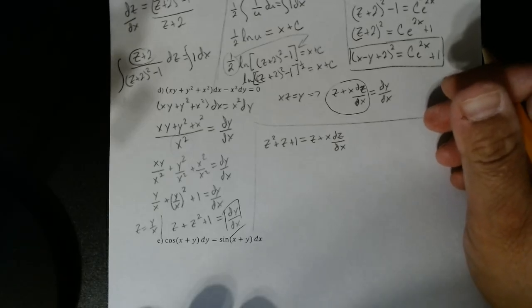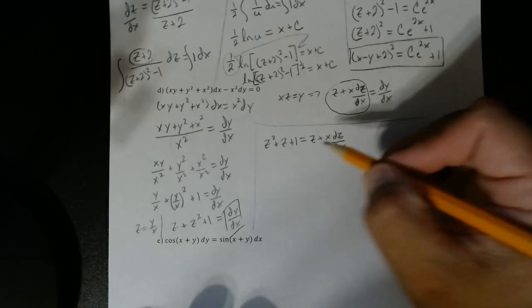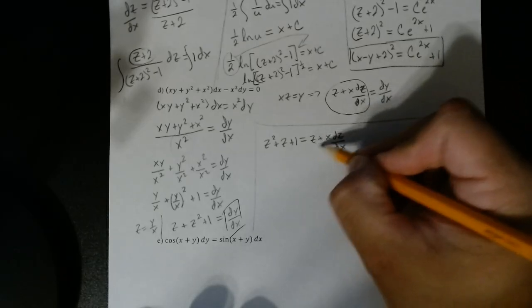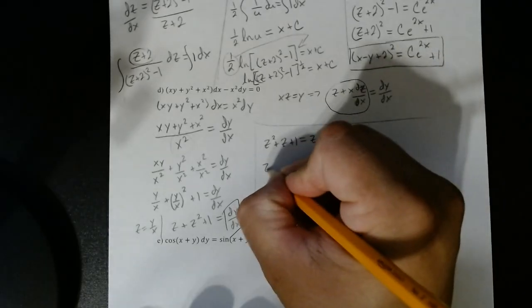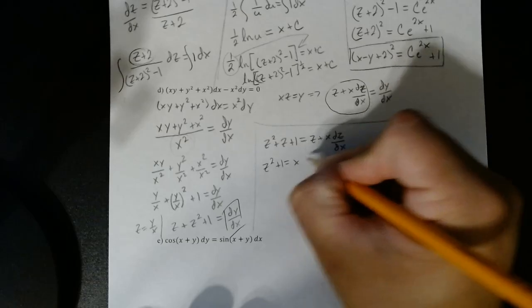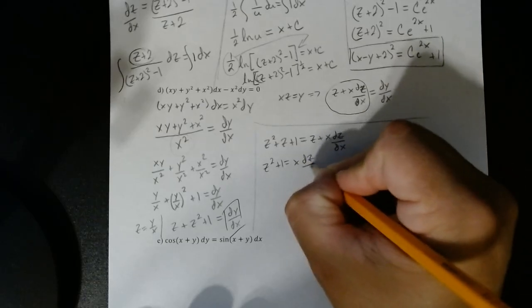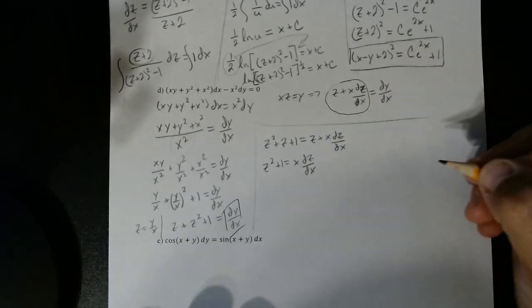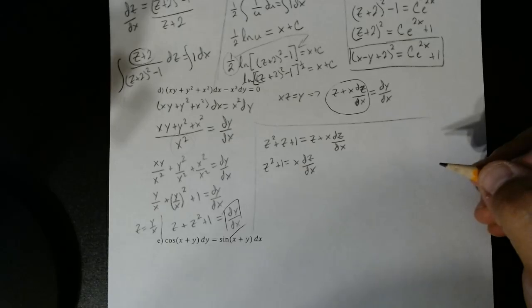Now at this point we should be able to do separation of variables, we hope. Let's see, so I could subtract the z over. So now we have that.